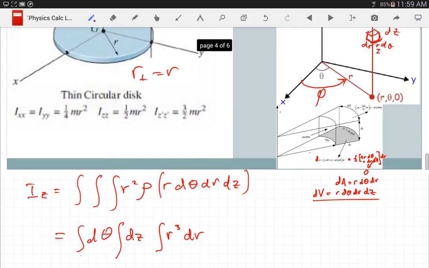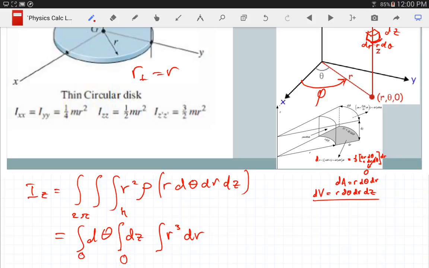So what are the limits going to be for my angle? 0 to 2 pi, because I'm doing a complete circle. What are the limits for dz here? Okay, I'm just going to go 0 to h, whatever the height is for this disk. I don't know what it is.